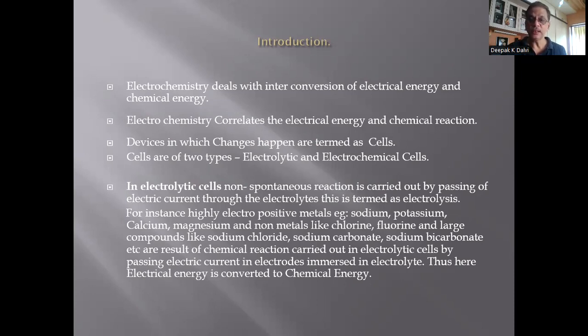Basically, through this electrolysis, highly electropositive metals are produced, like sodium, potassium, calcium, magnesium, and also non-metals like chlorine, fluorine, and compounds like sodium chloride, sodium carbonate, sodium bicarbonate, which are the result of the chemical reaction that takes place in the electrolytic solution when an electric current is passed.